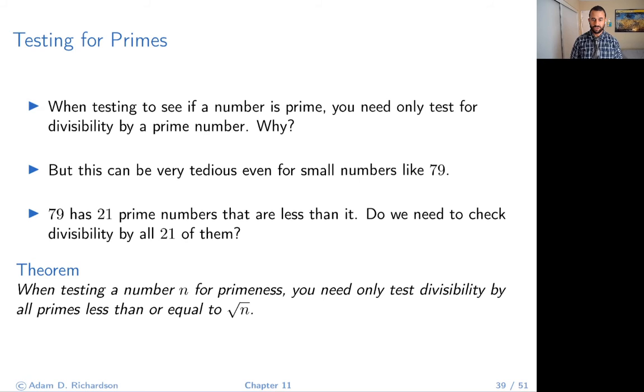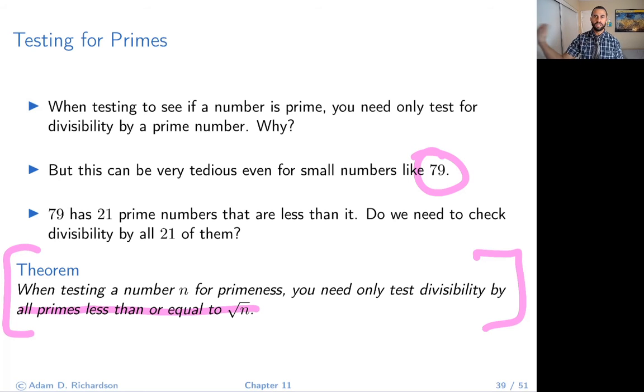The shortcut is given to us by this theorem. It's kind of a technical theorem, so it takes some time to wrap your head around it. It says when testing a number for primeness, you only need to test divisibility by all primes less than or equal to the square root of that number. So if we're trying to test if 79 is prime, we don't have to do all the primes up to 79.